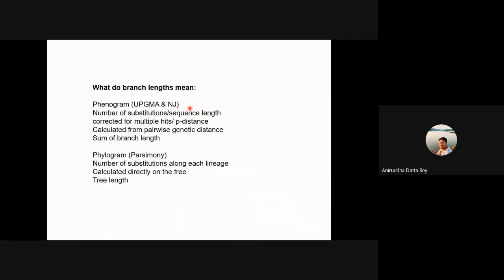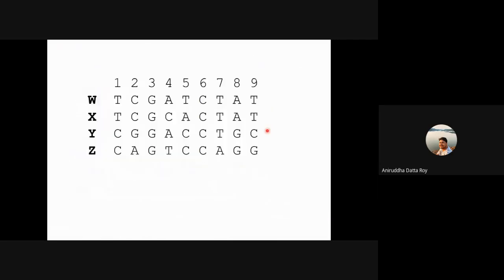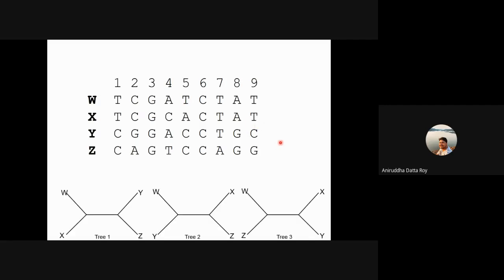Okay. So I think it would be even more clear if we do this by hand. It will not take much time. So let's say you have 4 taxa, W, X, Y, and Z, and we have time on our hands. Why don't we actually start doing a parsimony tree? So you will have 3 possible tree topologies right here.